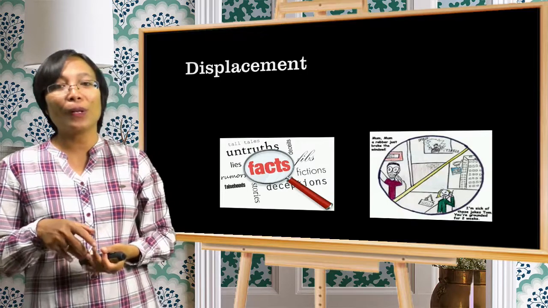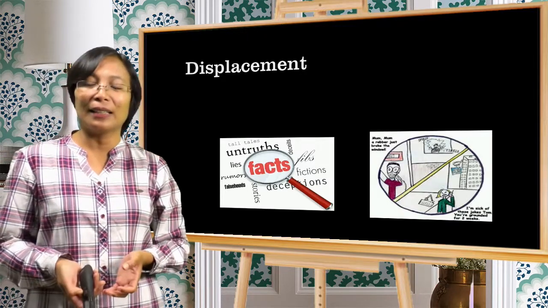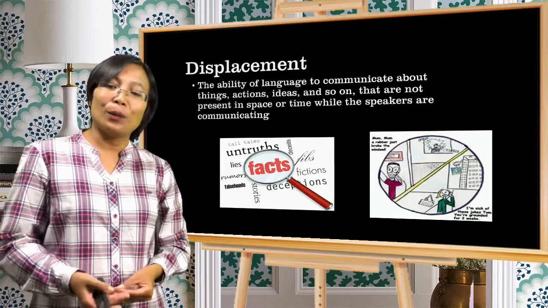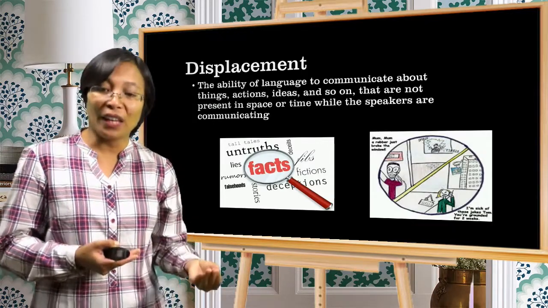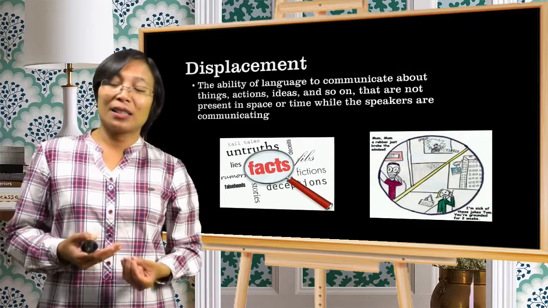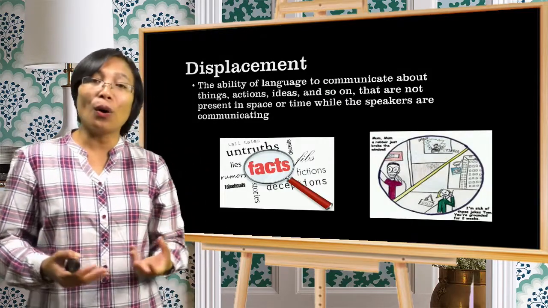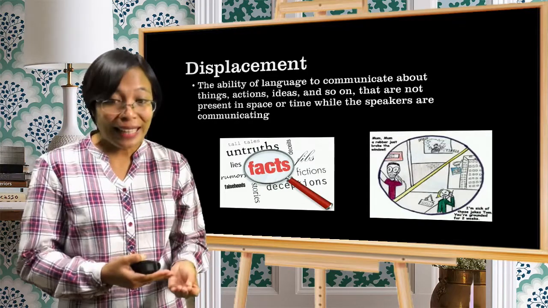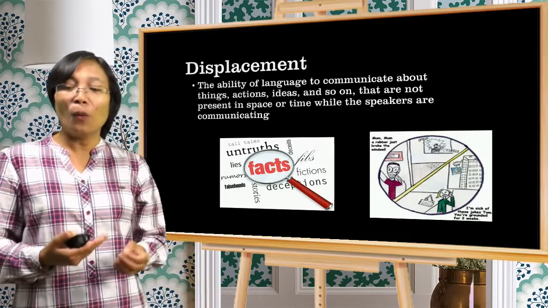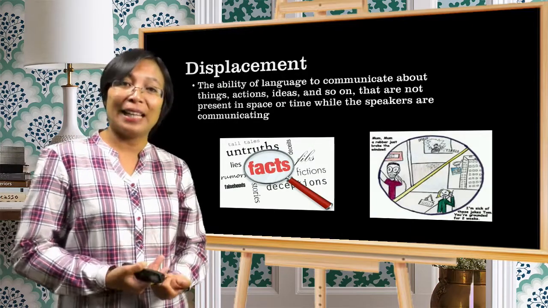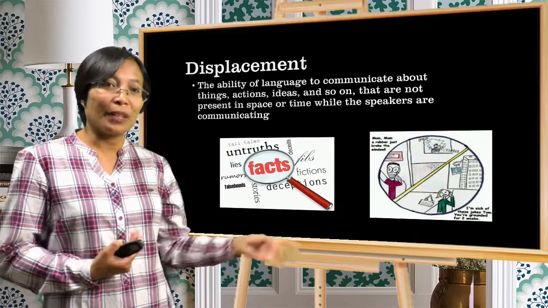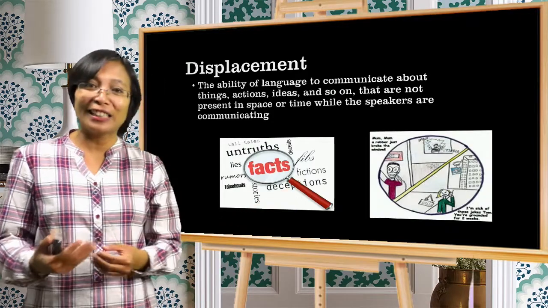Now, when we talk about displacement, then it is related to the ability of language to communicate about things, actions, ideas, and so on that are not present in space or time while the speakers are communicating. This is why we can talk about fact, but we can also tell a lie.